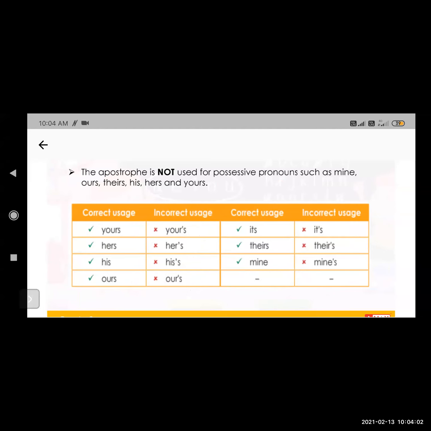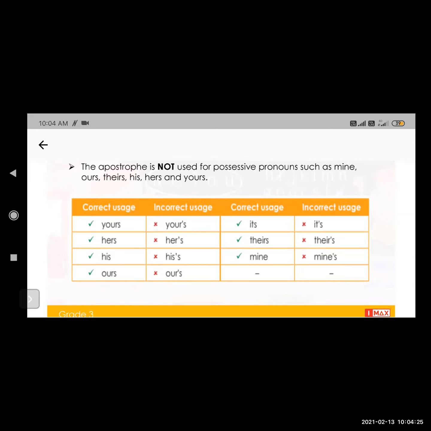Use an apostrophe and write s to show the belongingness. You cannot mix these words up: you are is different and yours is different, her is different and hers is different. Now let's see the contraction.